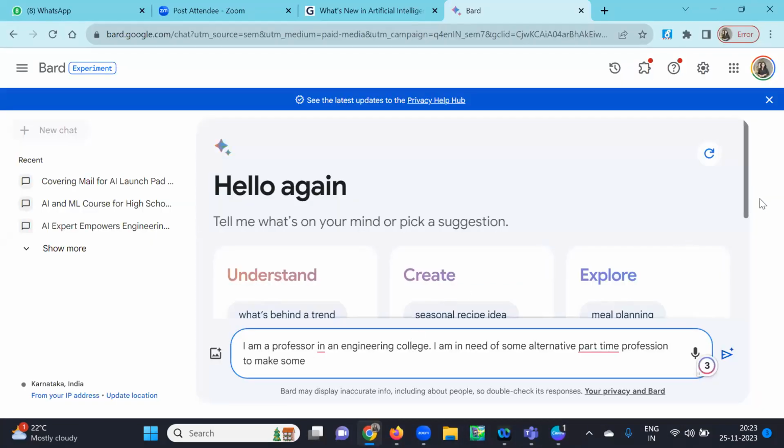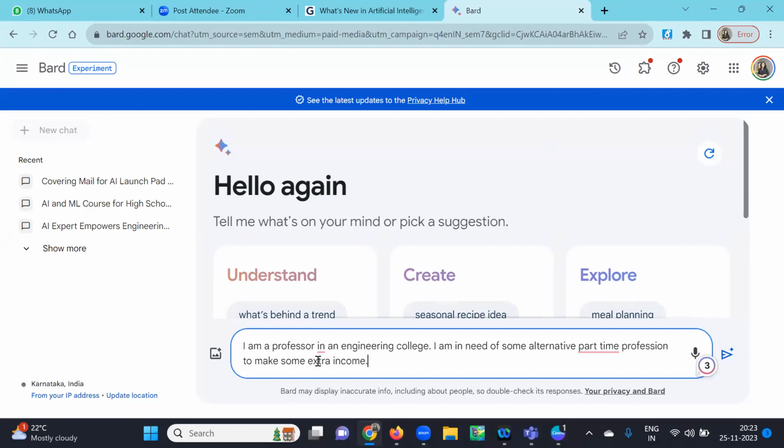Yeah. So this is Bard. You can see Google, it's a ChatGPT alternative. All that I write here is a prompt. So I am a professor in an engineering college. I'm in need of some alternative part-time profession to make some extra income.